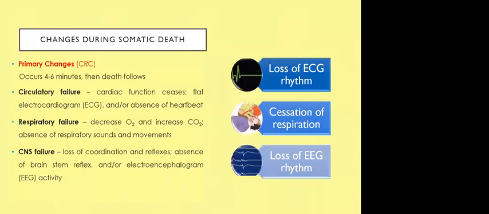Okay, first one is the primary changes. So this one, primary changes, will usually occur 4 to 6 minutes, then death follows. So this one will be experienced by the body during complete cessation or loss of metabolic and functional activities of the body.